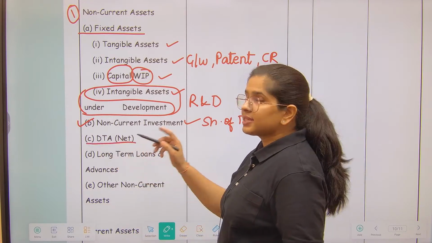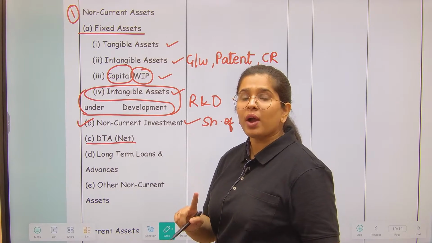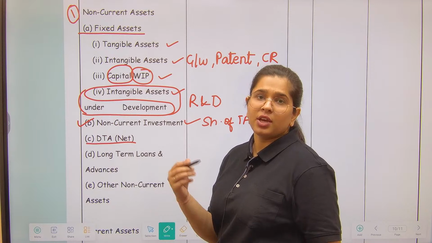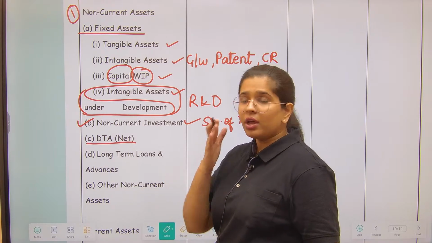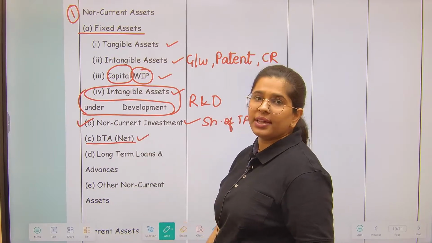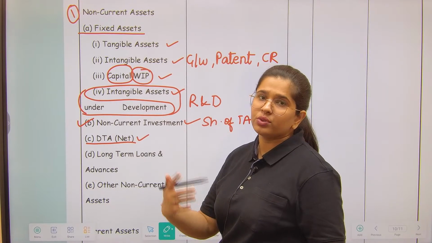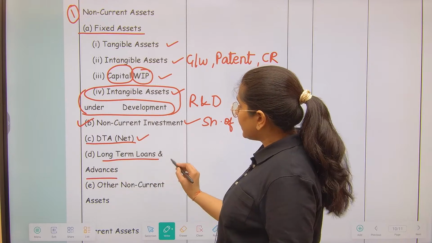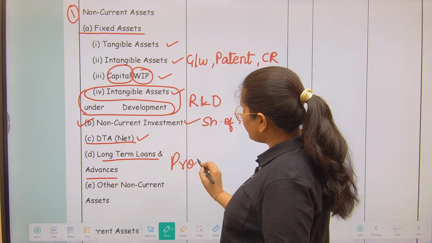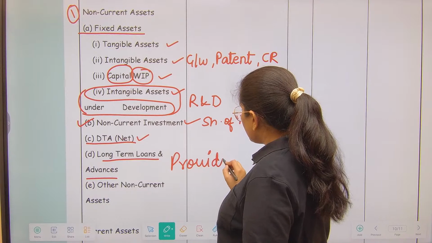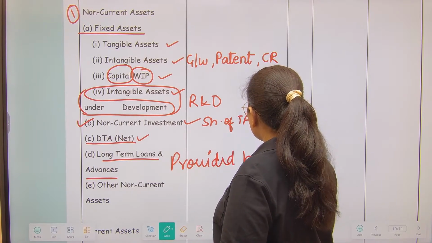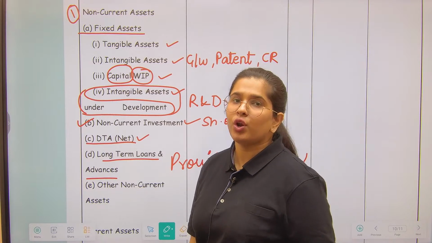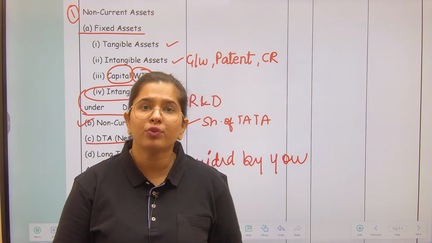Next, deferred tax assets. I told you if you have paid more than what was required, that means you will get a refund for it, hence you will classify it into the deferred tax assets and you can use it for a future period. Long-term loans and advances that have been provided by you. So suppose there is a friend of mine who came to me and asked for a loan of 3 lakhs for a period of 2 years.